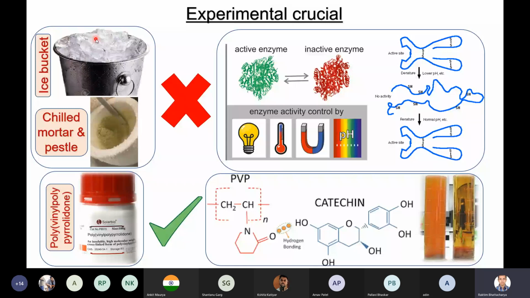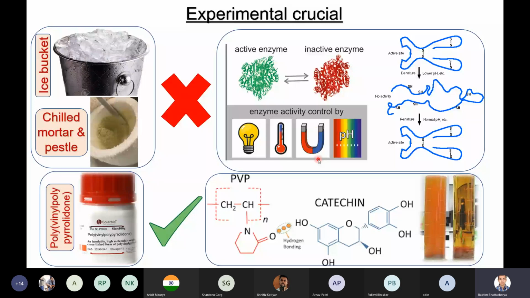Enzymes, when they are outside their cellular environment, are very susceptible to heat. They are extremely susceptible to heat. Seeing a little bit of heat, they are going to degrade. This is a schematic of it. A little bit of heat, a little change in pH, and the enzyme is going to degrade.